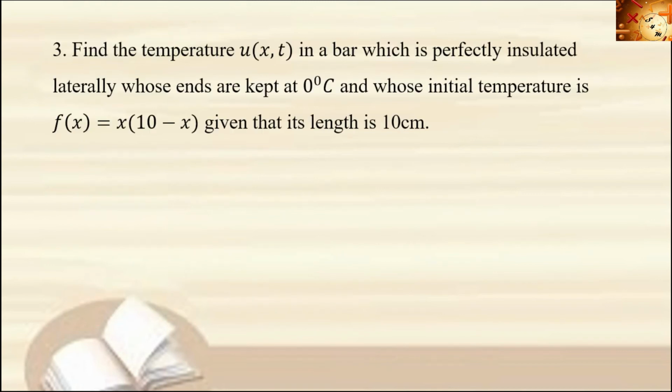Again, next problem. Find the temperature U of x,t, related to the heat equation, in a bar which is perfectly insulated laterally, whose ends are kept at 0 degrees Celsius.